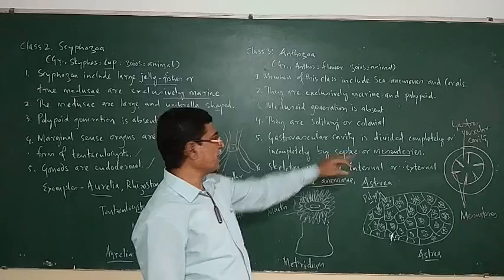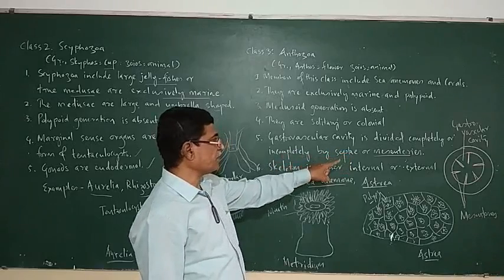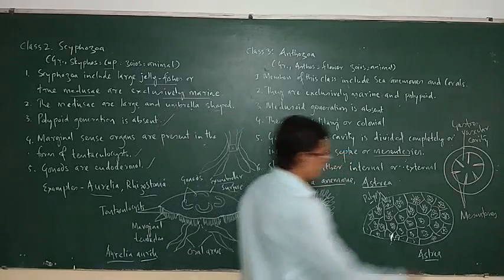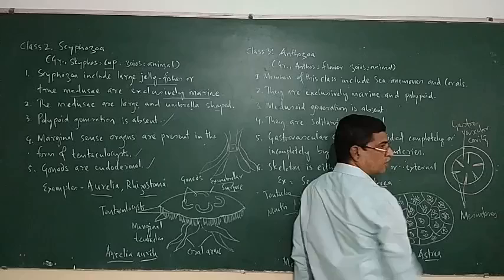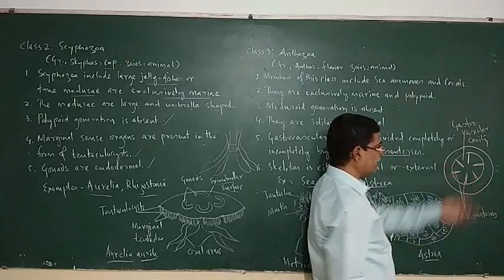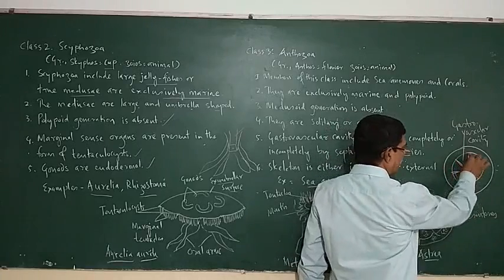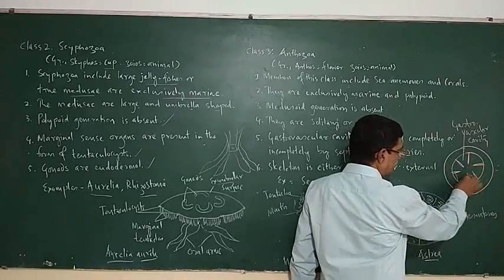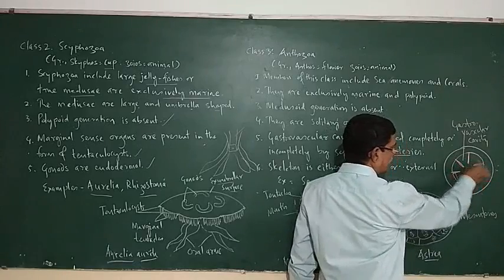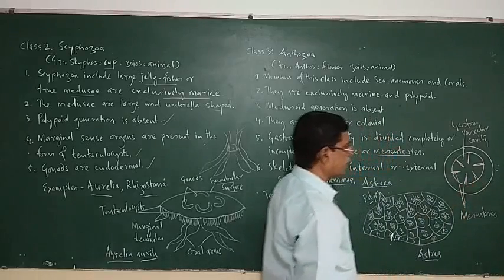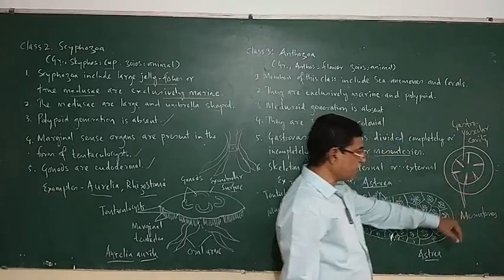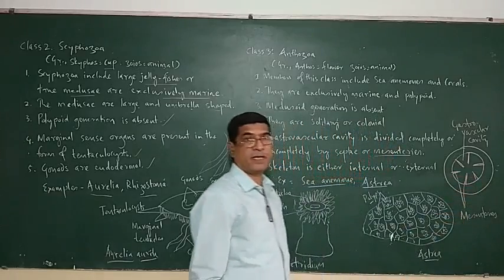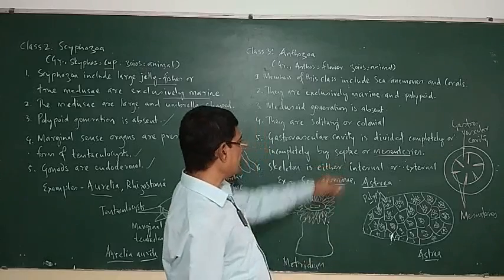The gastrovascular cavity is divided completely or incompletely by septa or mesenteries. So the gastrovascular cavity is not entire. It is further partitioned by the presence of septa called mesenteries.